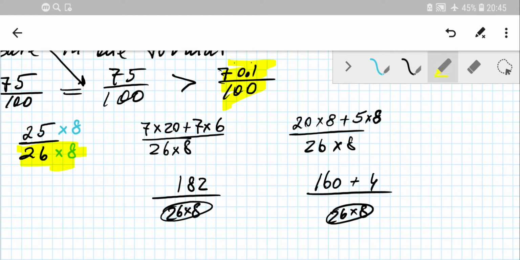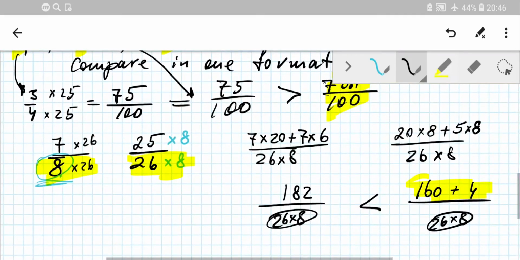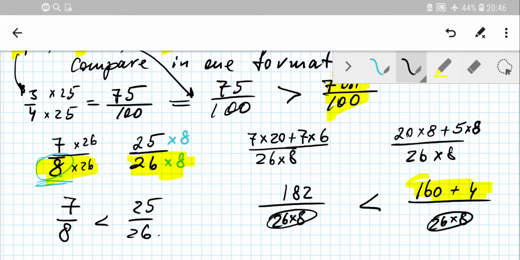So definitely the right side, the top one, is greater. So it simply means that the right fraction is greater. Coming back to your original numbers, you can say that 7/8 is less than 25/26. That's how you are supposed to compare.